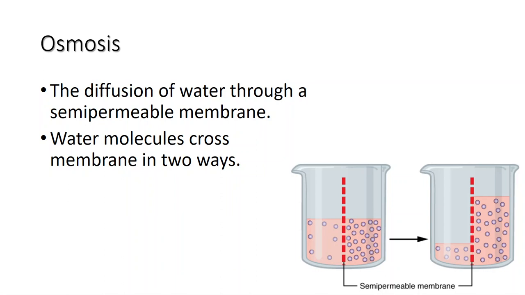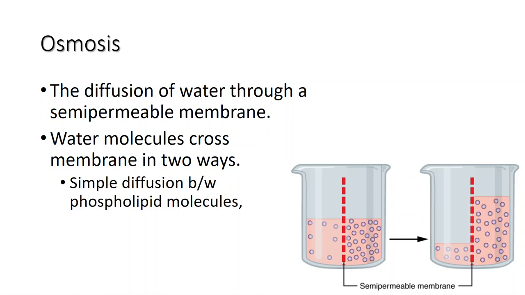During osmosis, water molecules move across the membrane in two ways, either by moving between neighboring phospholipid molecules via simple diffusion or by moving through integral membrane proteins that function as water channels and are called aquaporins.